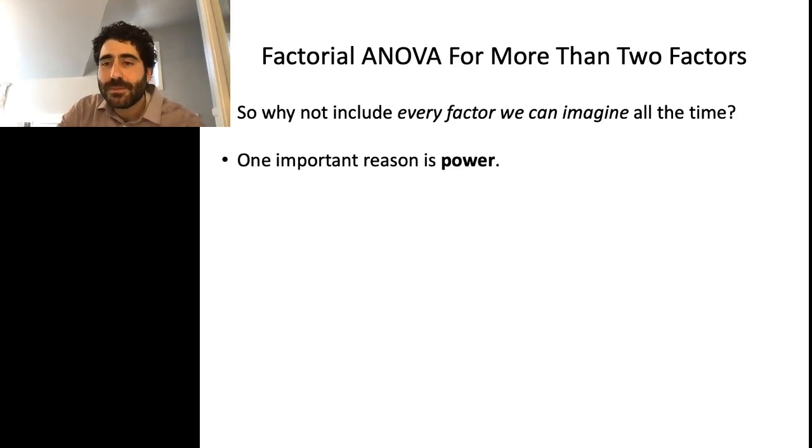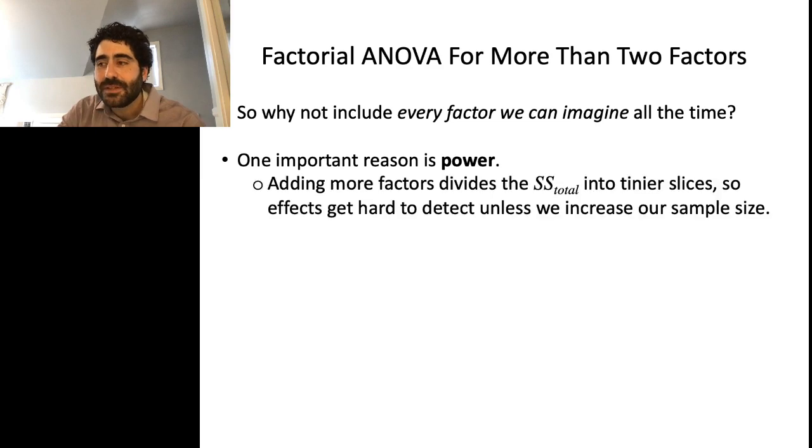But one problem here is our power, right? Our power to detect true effects. And you can think about math-wise, the problem here is that adding more and more factors means that we're slicing up our variance into tinier and tinier pieces. And so it makes it hard to actually detect real effects, right?